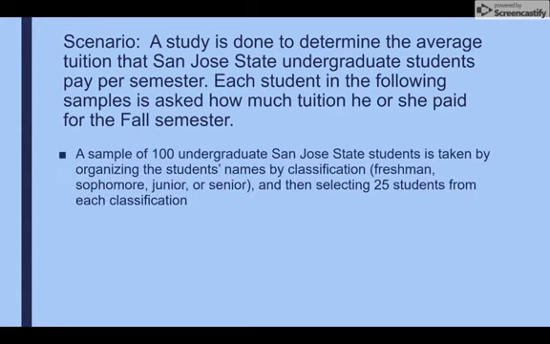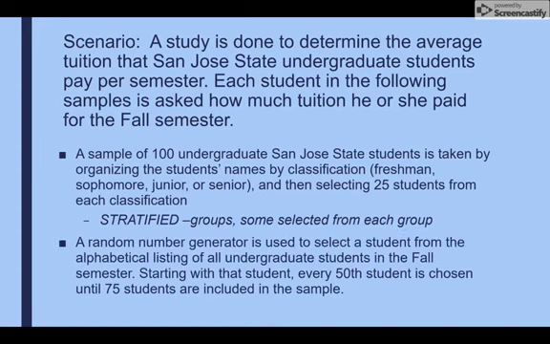So researcher number 1 collects a sample of 100 undergraduate San Jose students by organizing the names by classification, freshman, sophomore, junior, senior, and then selecting 25 students from each classification. I think groups, and then I select 25 or some from each group. So I think that is stratified.